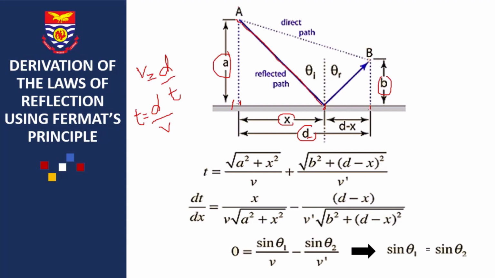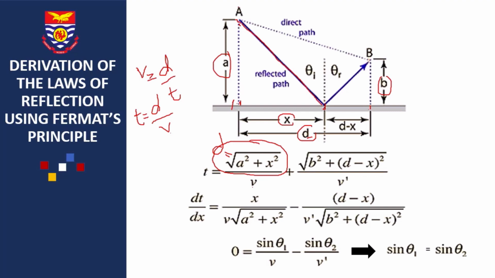From Pythagoras' theorem, in case we want to find this particular distance, we just have to find the square root of a squared plus x squared, and that is what we have here. So we have our square root of a squared plus x squared here, over v, to be our t. The same thing applies to the other side, where we have our reflected ray.